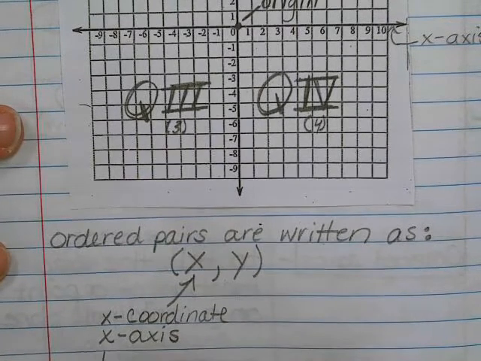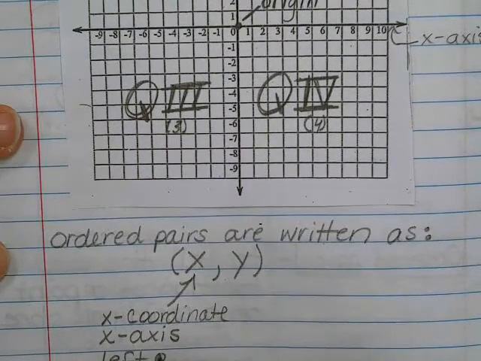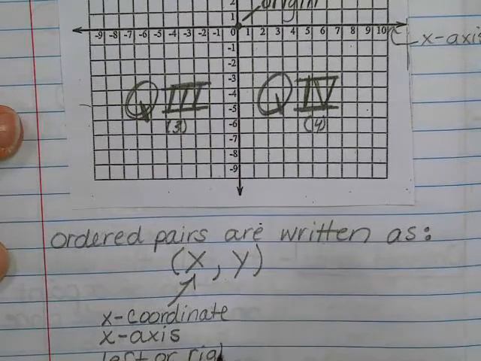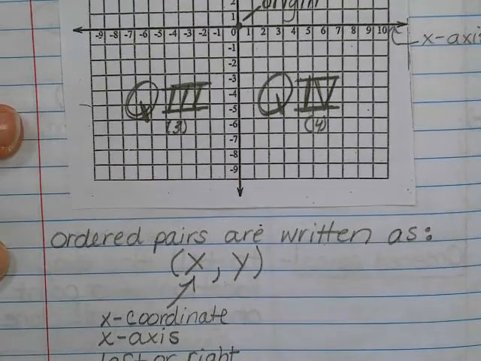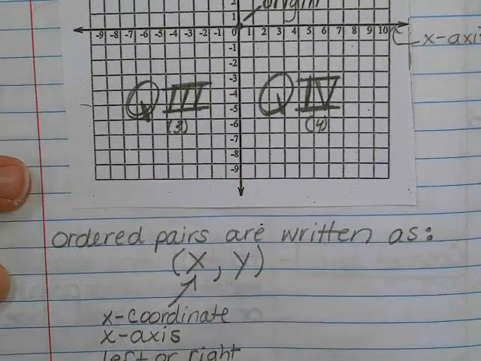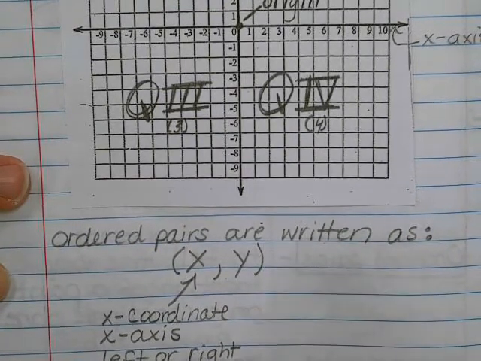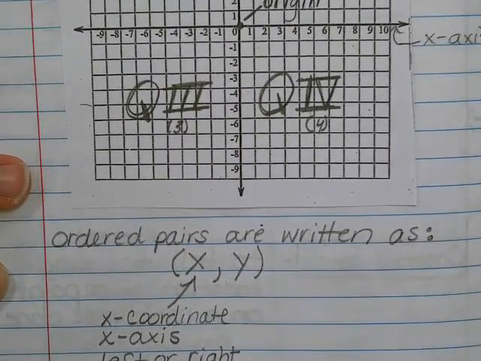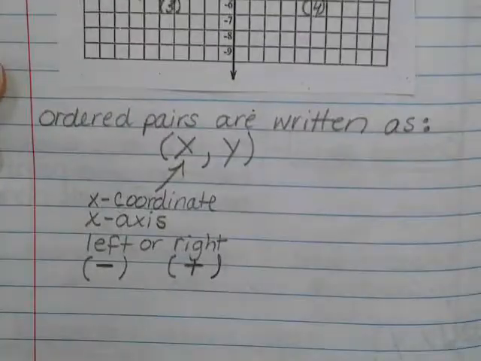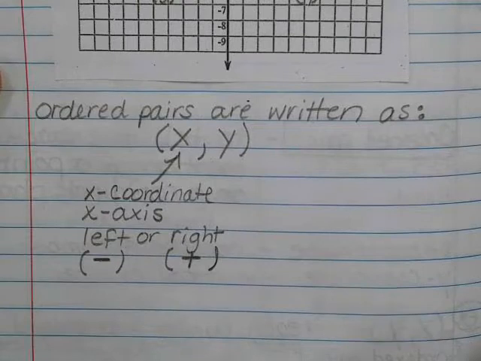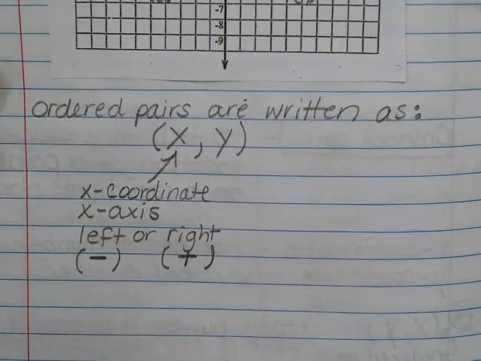And so you will go left or right. If you go left, that number is negative. If you go right, your number is positive. I guess I should have made sure you were able to see what I was writing, so I'll give you a second to catch that up.